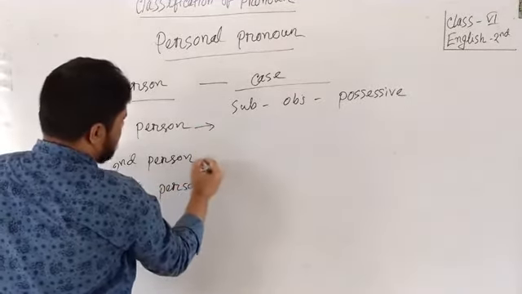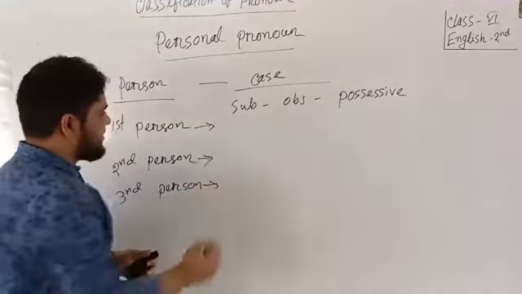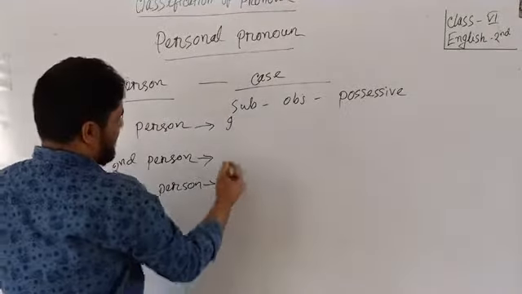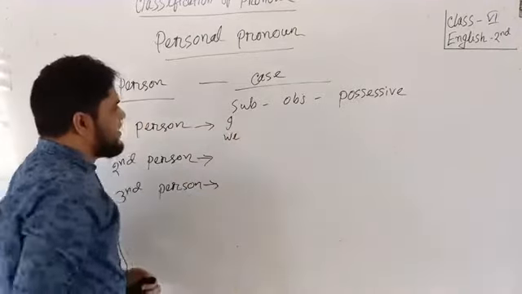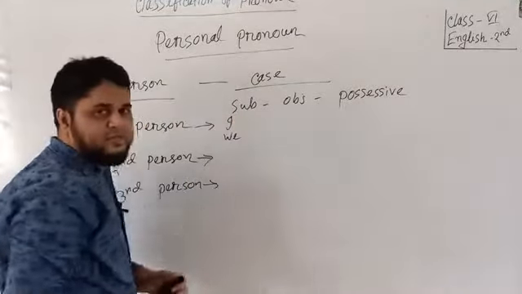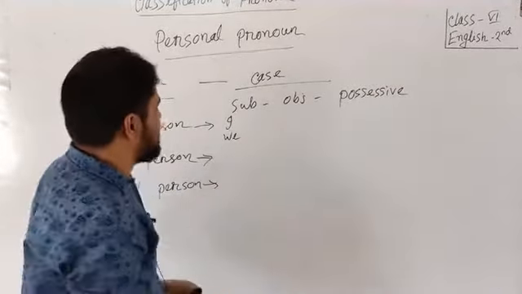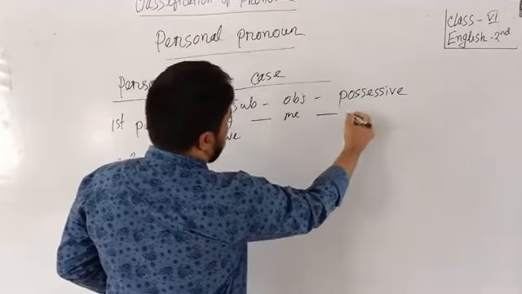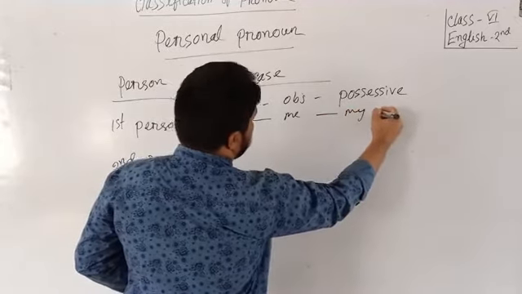So first person is like I or we, and they are in subjective form. And the objective form of I is me, and the possessive form is my, mine.